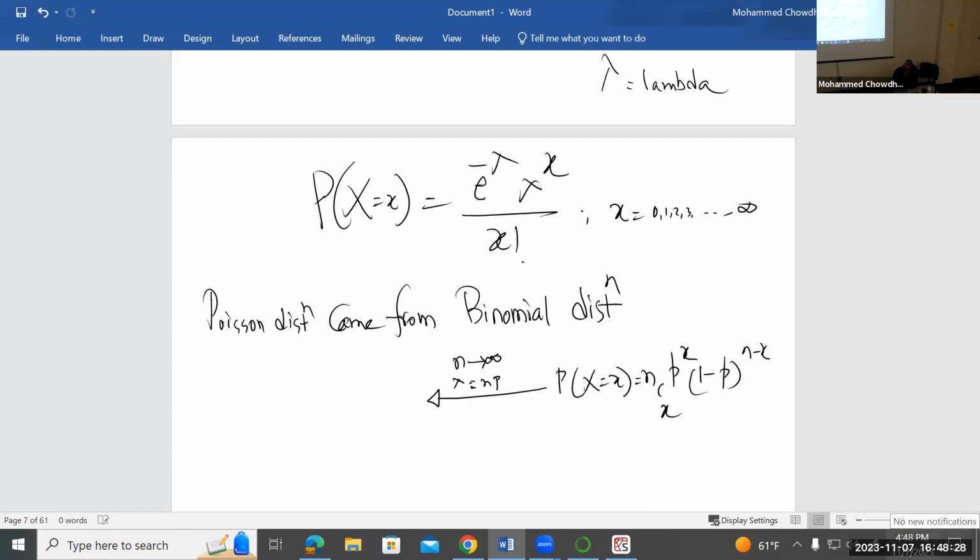When lambda equal to np was plugged in, p equals lambda over n. This p has been plugged in, then mathematical manipulations on limiting scenarios were applied, and from there it has been obtained. Clear, right?